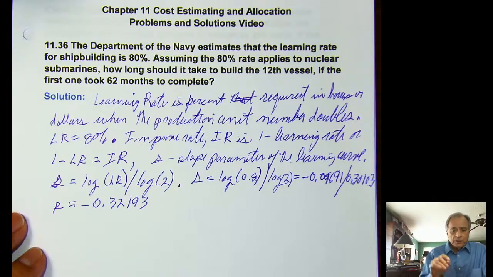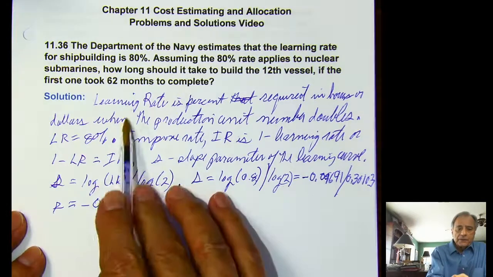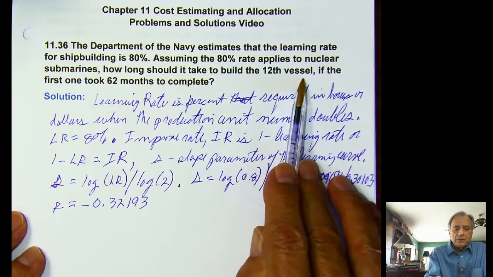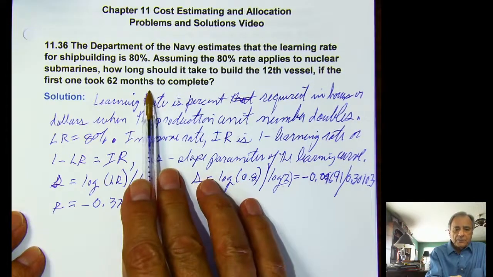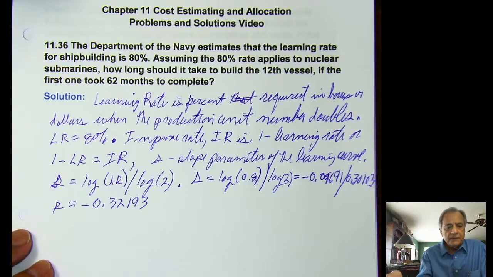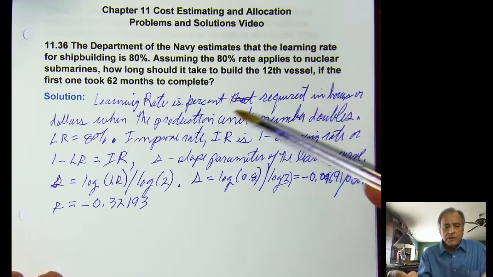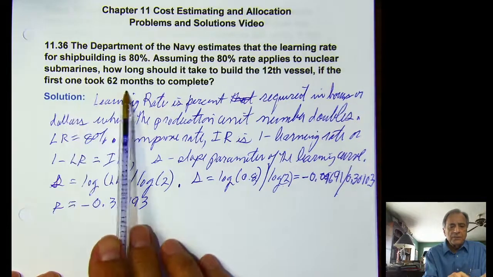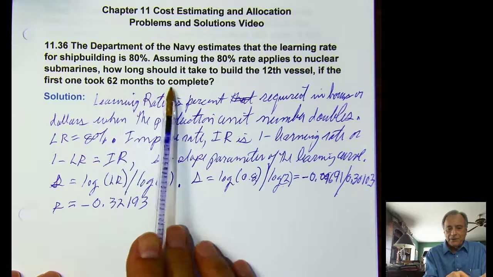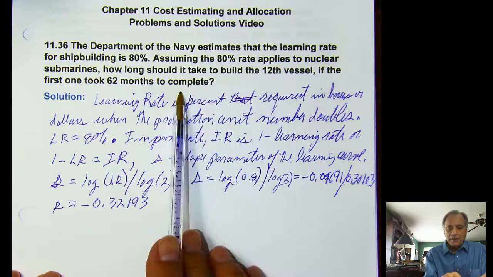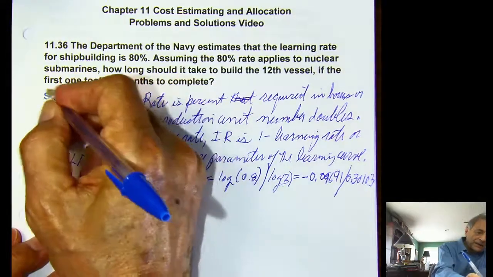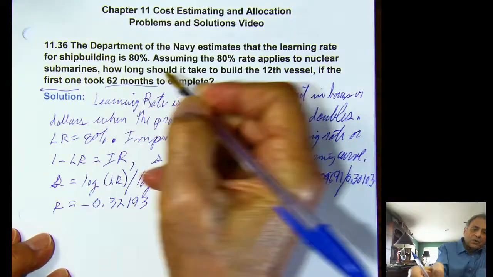Okay, so the formula for the number of hours to build Unit 12, we know the number of hours, let's see, where is that given? Oh, it took 62 months, not hours, okay, to build unit number 1. The first unit, that's going to be our T1 value.